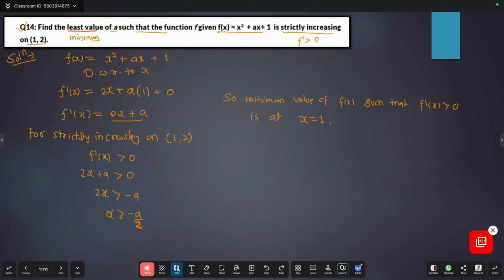At x equals 1, minus a by 2 equals 1. So what is a? a will be minus 2. So the minimum value of a is minus 2.